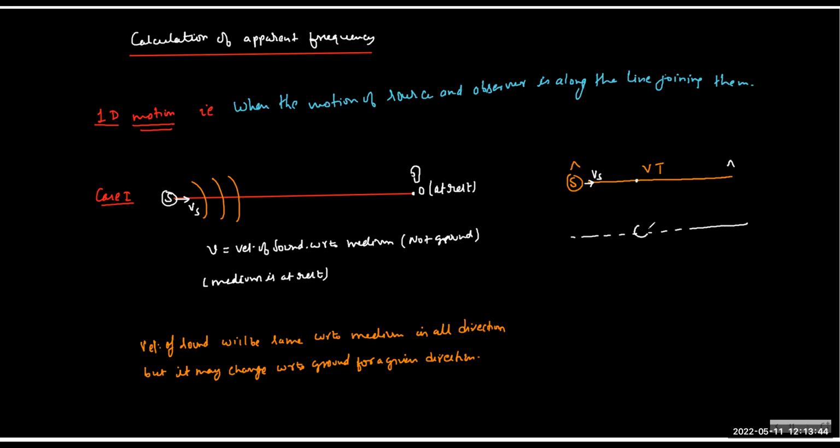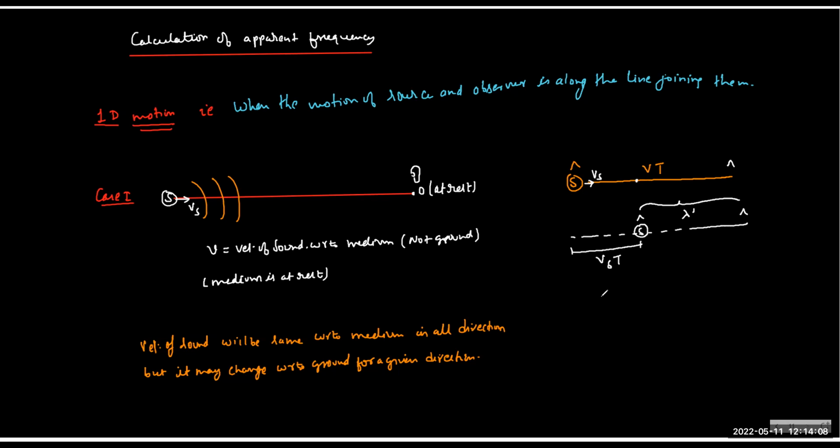So now when the source emits the next peak after time t, the source is here and the first peak is here. So you can see the source has traveled a distance of Vs into t, and the separation between the two peaks has changed now, which we call lambda dash or apparent lambda.